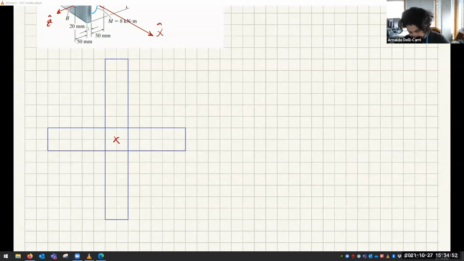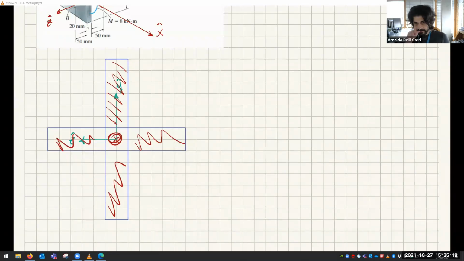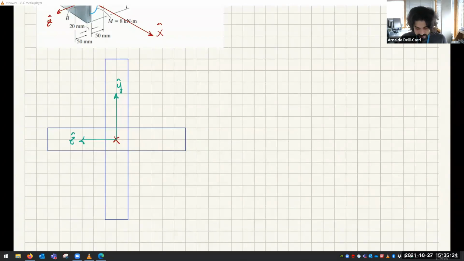While I draw the axes, I told you that this is the z-axis and this is the y-axis. You can do this in many ways. You can say this is rectangle 1, rectangle 2, rectangle 3, rectangle 4, and square 5. But it might be too complicated because you have too many rectangles.